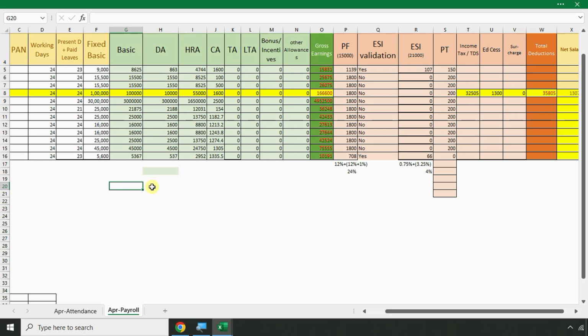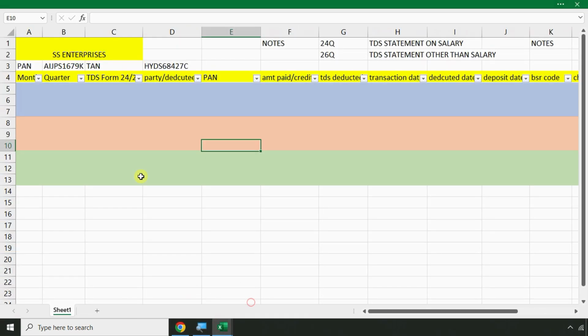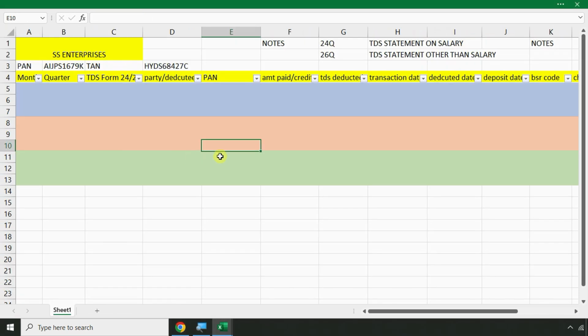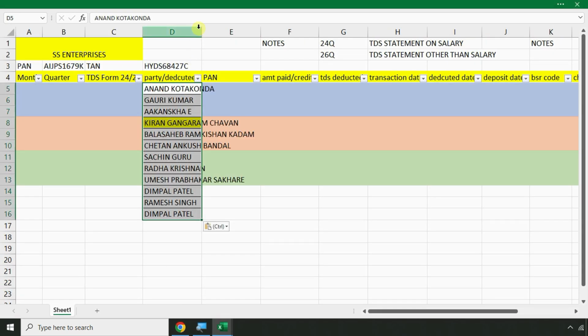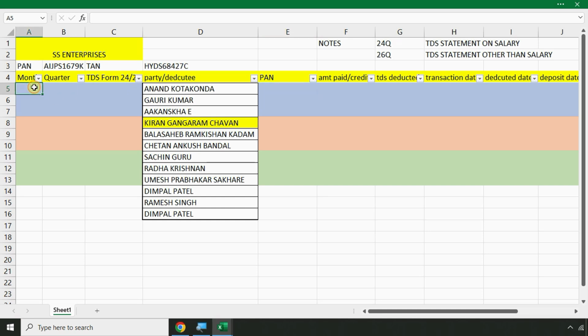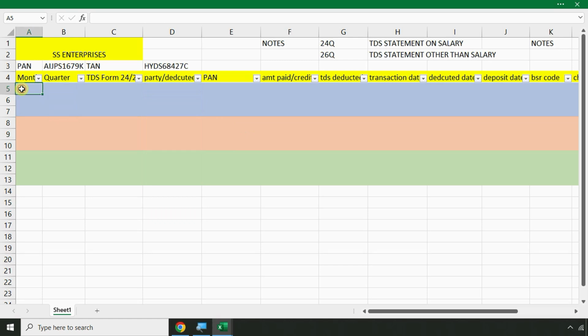Our employees. Our employees, their PAN if available, you also need to maintain PAN, okay? So समझ में आ गया? I will show, okay, instead of doing all this, I will show you for one person.